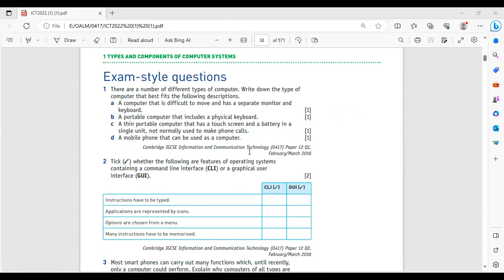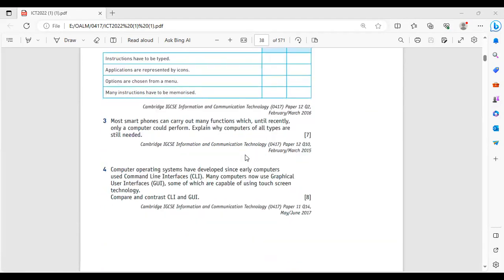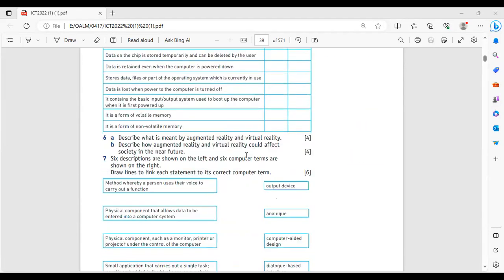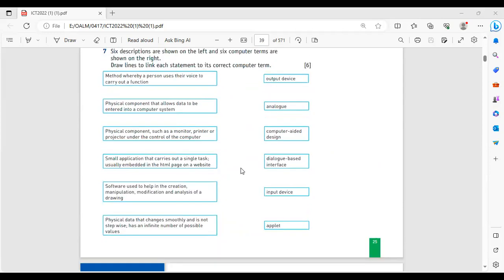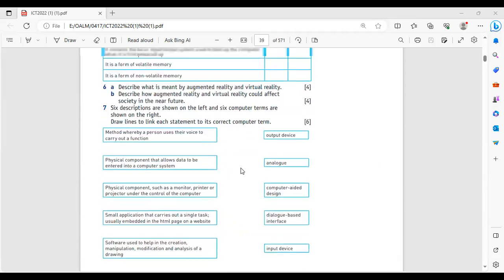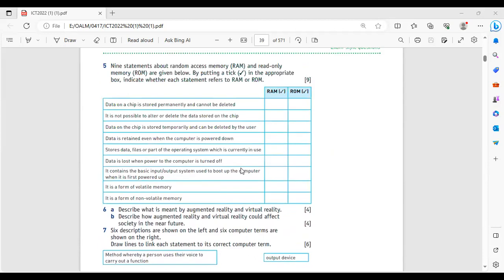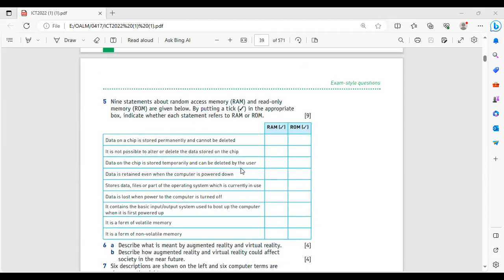First, should I discuss the exam style questions next week? Yeah, we can discuss the exam style questions and then we can have a test. After discussing exam style questions from the paper also, we can have a test for chapter 1. All right, that's okay.